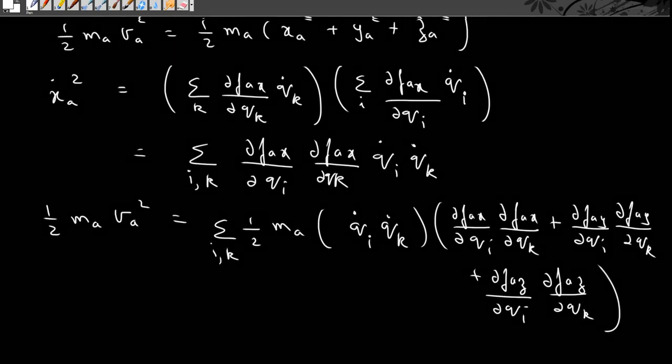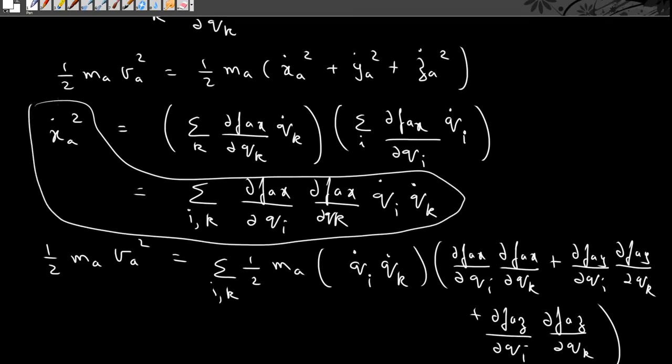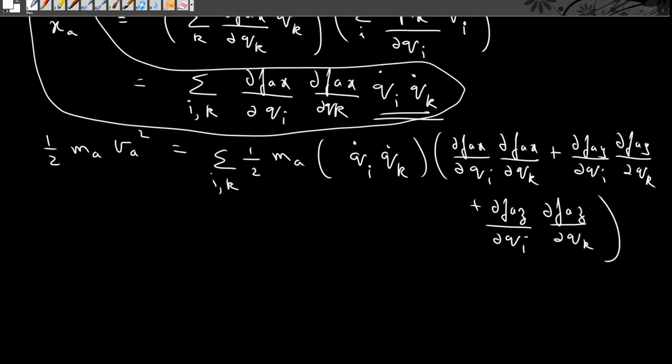So all I have done here is substitute the corresponding forms of x_a dot squared, y_a dot squared, z_a dot squared, and I have taken qi dot qk dot common among all of them. So this is the expression that we get.